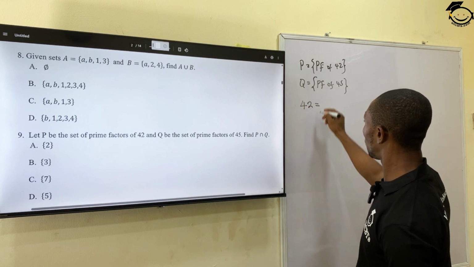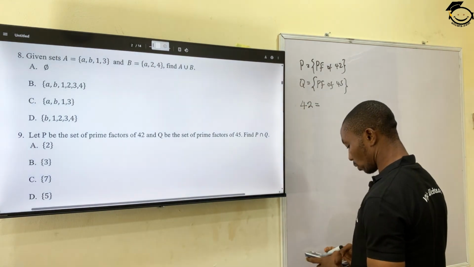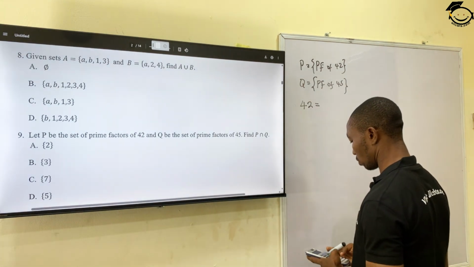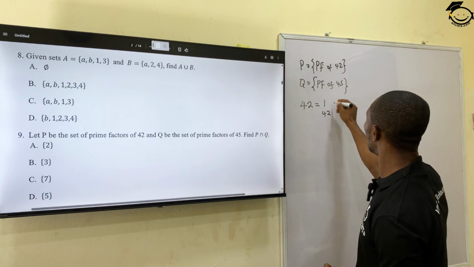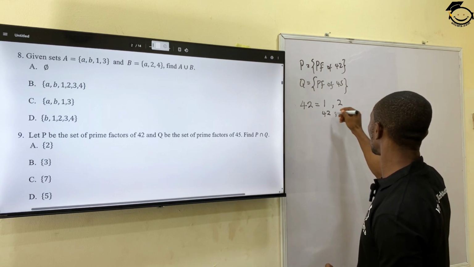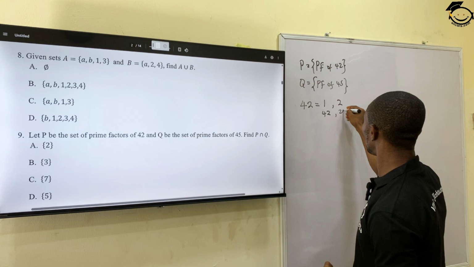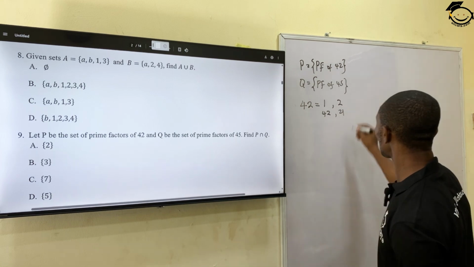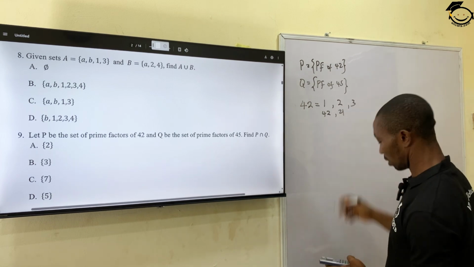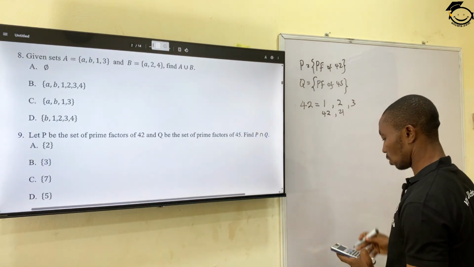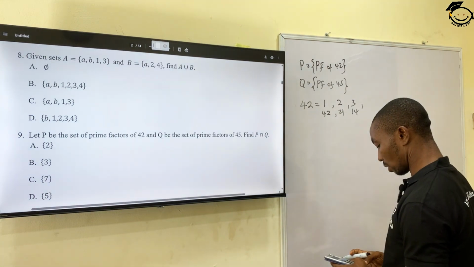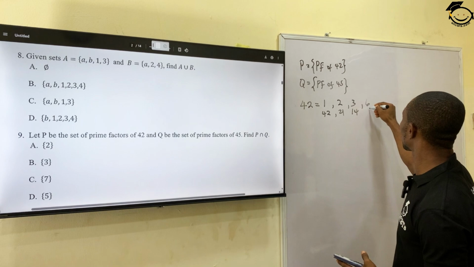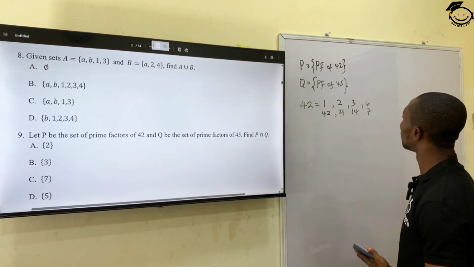For factors of 42, we have 1 and 42, 2 and 21, 3 and 14, 6 and 7.